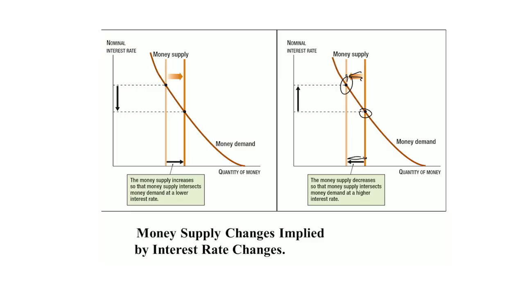In this case, with less money in the economy, the money supply down, people have to be happy holding that smaller amount of money. They're on their money demand curve, and they are only happy with a higher interest rate. A higher interest rate raises the opportunity cost of holding money. So that's how it works. Money supply changes are implied and work along with the interest rate changes.